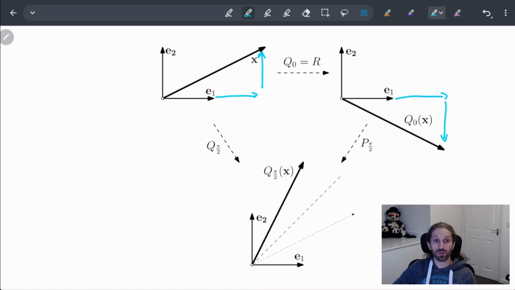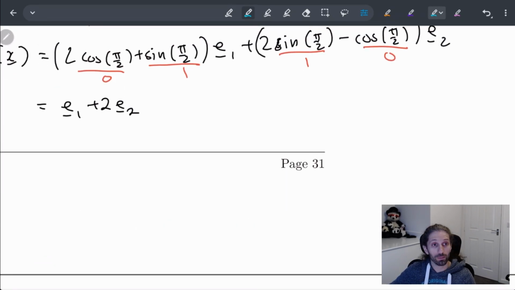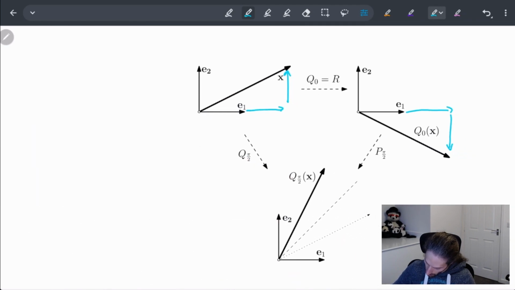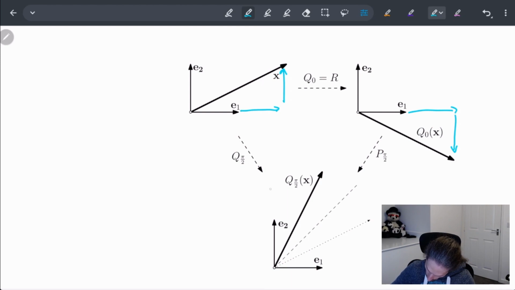Well, what is my Q pi over 2? Well, pi over 2, remember, this gave us the formula E1 plus 2E2, right? So this is 2E2 plus E1, which gives us here. So this is my Q of pi over 2.